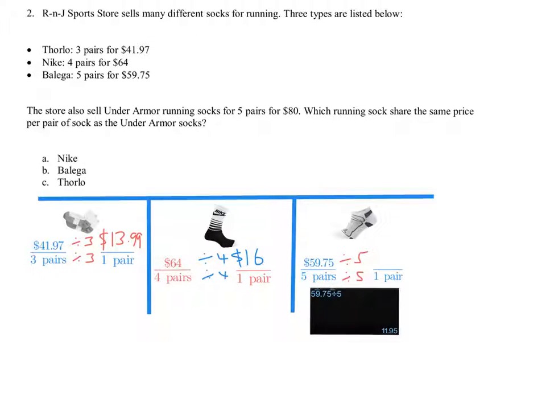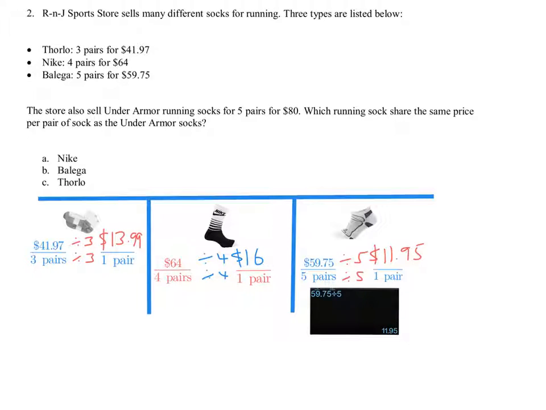So I'm going to do 59.75 divided by 5, and that gives me 11.95. So that's $11.95. And that, of course, is dollars.